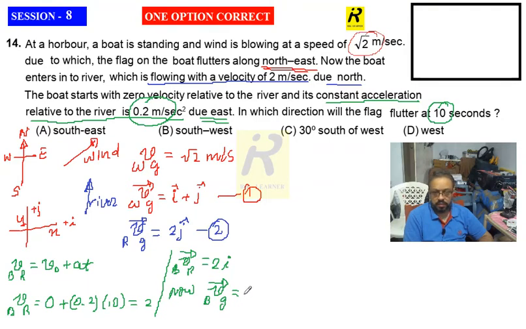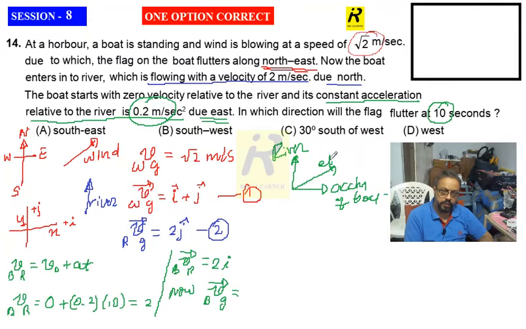That means the river is also flowing, and the boat is moving to the east, right? So the river is moving like this. This is the direction of the river, and here will be the direction of the boat's motion. It tries to move in this direction. As a result, it may move like this.